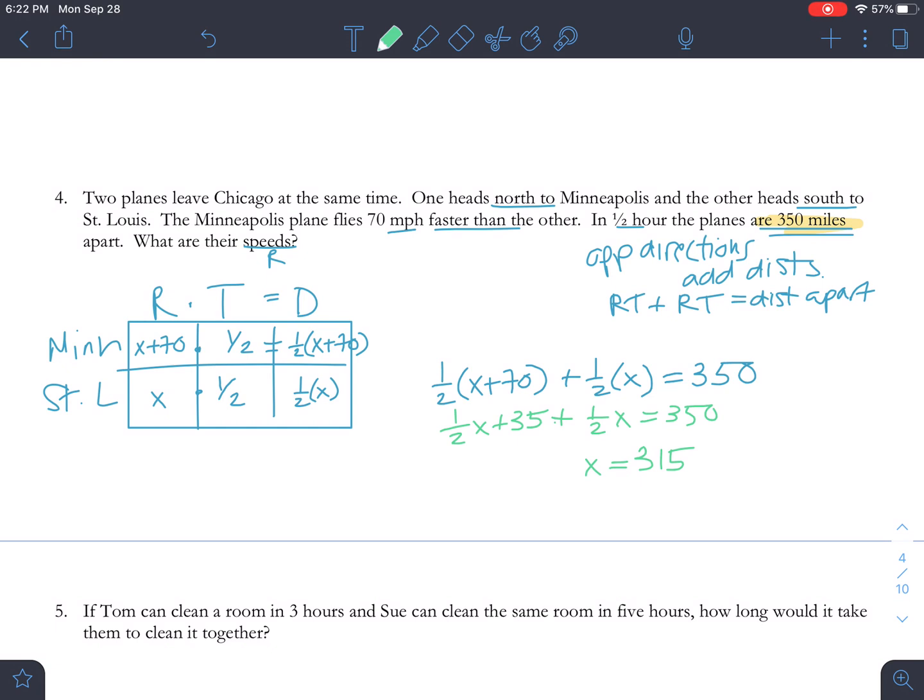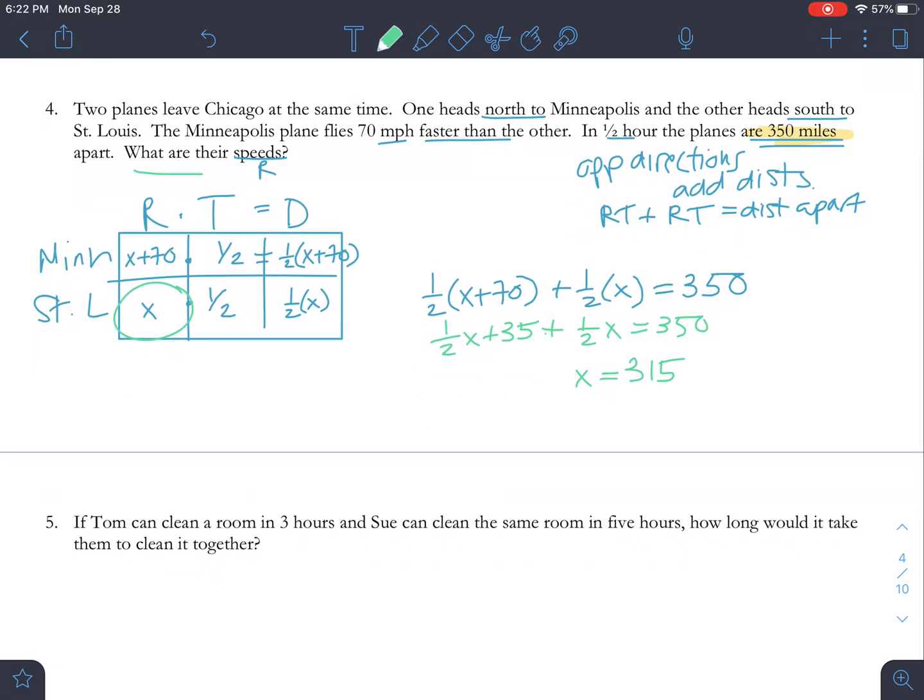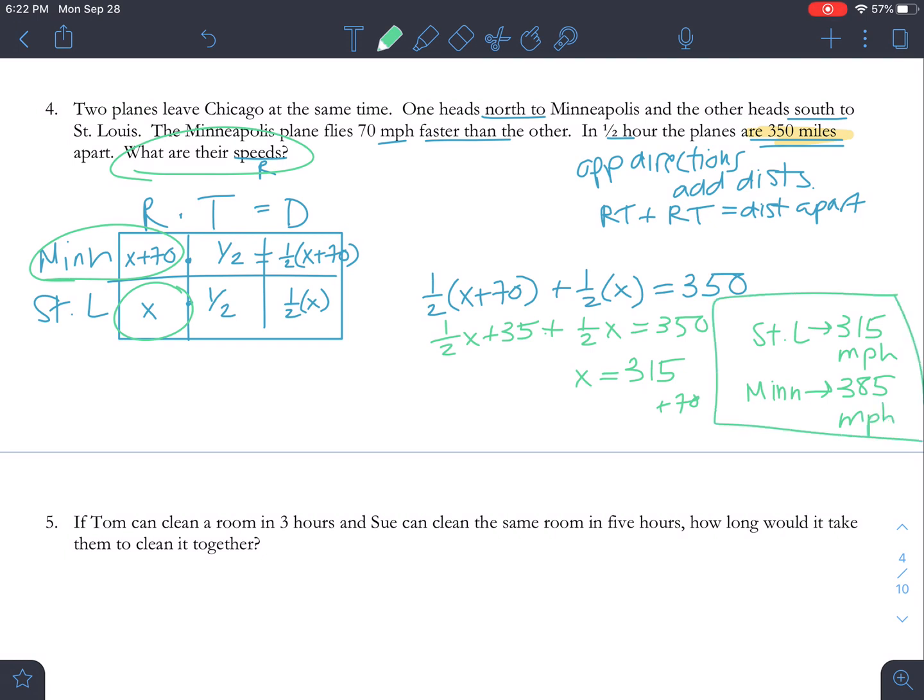So X represents, right here, the rate of the St. Louis plane, and we want to say what are the speeds in general. So the St. Louis plane was 315 miles per hour, and the Minneapolis plane was X plus 70. So plus 70 here would give me Minneapolis was 385 miles per hour, and that would be your very final answer there.